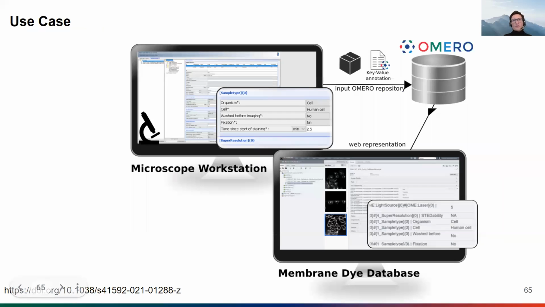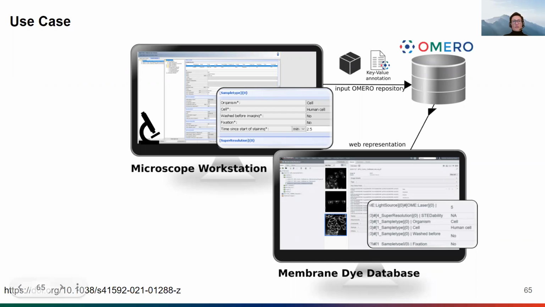As a use case with a direct benefit, we show in the publication an example from the University of Düsseldorf, where image data from samples treated with various membrane dyes should be made available in a membrane dye database to the user. This database is hosted in an institutional OMERO instance and shared between the members of a collaborative research center.